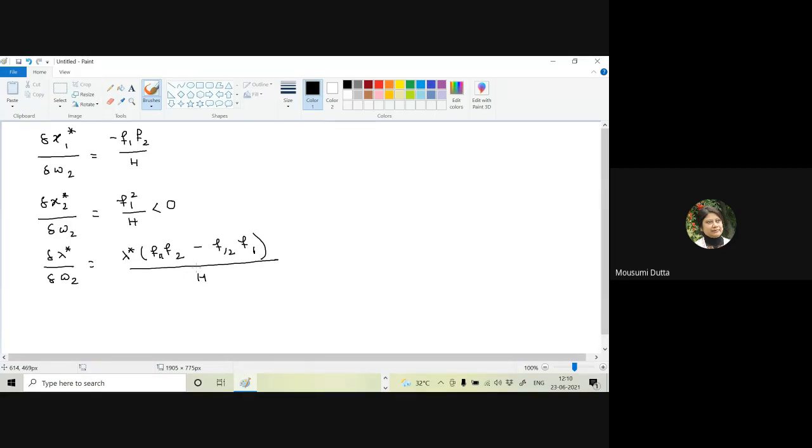And this can be, depending on the sign of f11 f2 minus f12 f1. So everybody is getting these values?